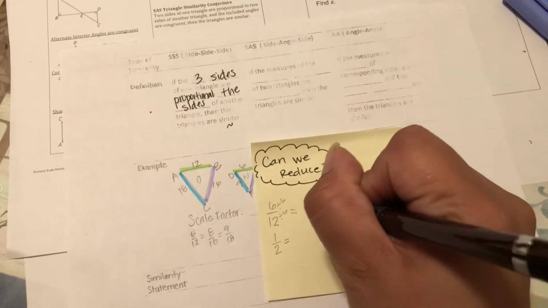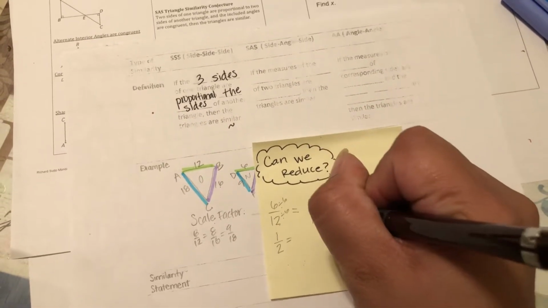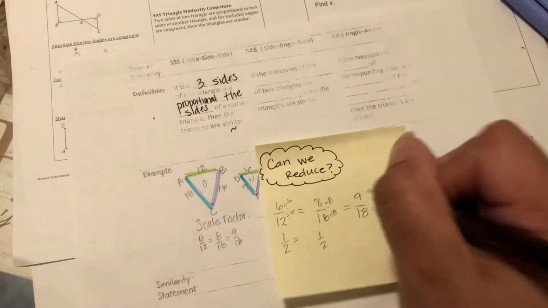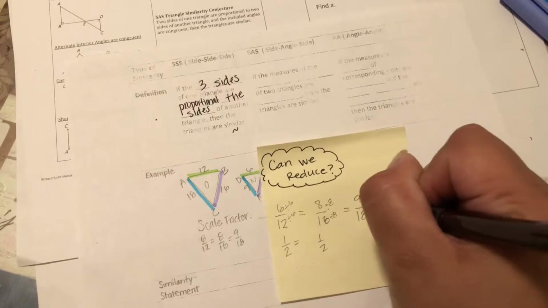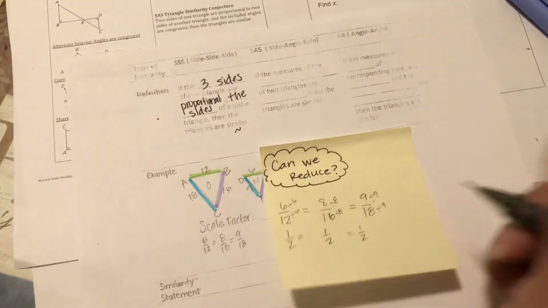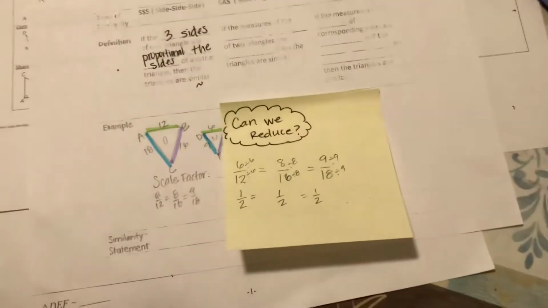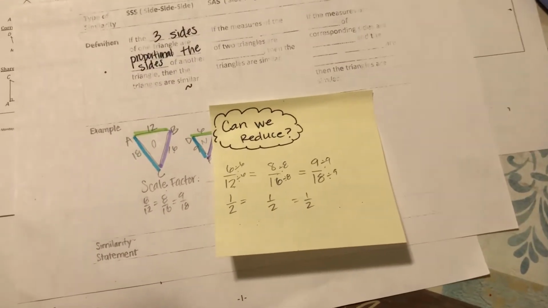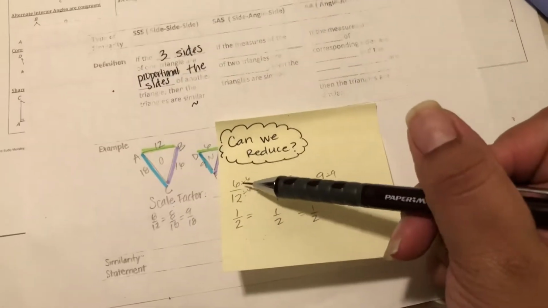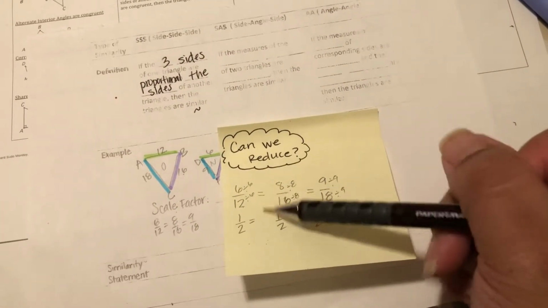Okay, 8 fits into both of these. And it reduces also to 1/2. 9 fits into both of these. And that's also 1/2. Now, remember, some of you guys were asking, well, where are you getting these numbers from? Or am I always going to take that top number or the bottom number and try to divide it in?